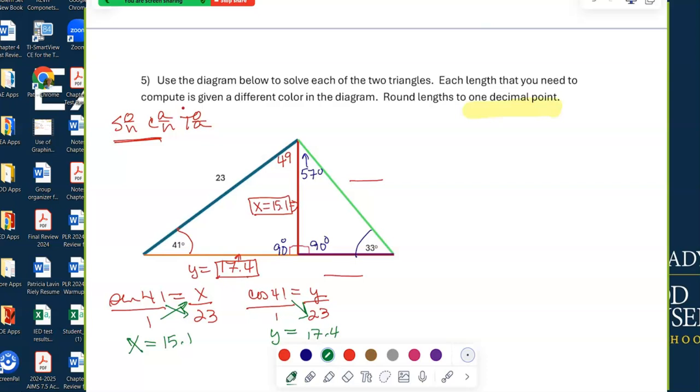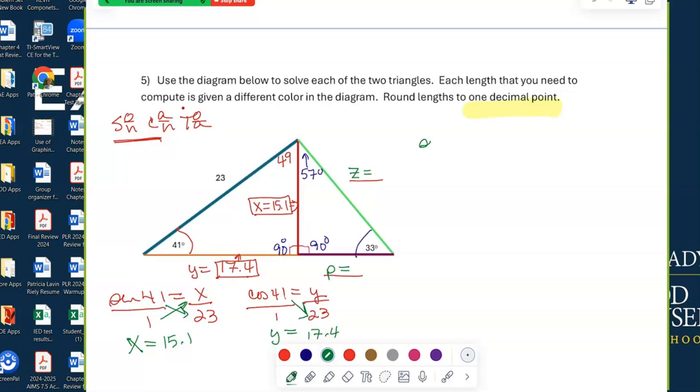So I need to get, let's say, this is Z, and let's make this, I don't know, little p. Okay? So from angle 33's perspective, I have opposite, I need hypotenuse, and I need adjacent. So let's do the Z first. So I'm going to do opposite over hypotenuse.